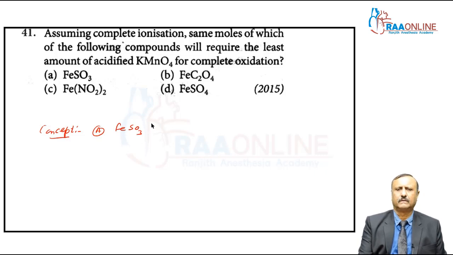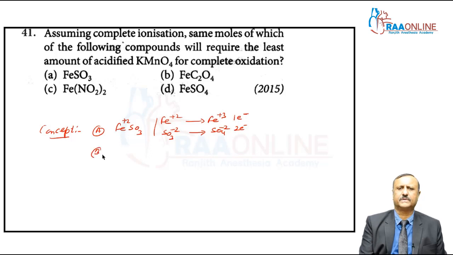In FeSO3, Fe plus 2 is converted into Fe plus 3, so only one electron is removed. SO3 2- is converted to SO4 2-, so 2 electrons are removed.